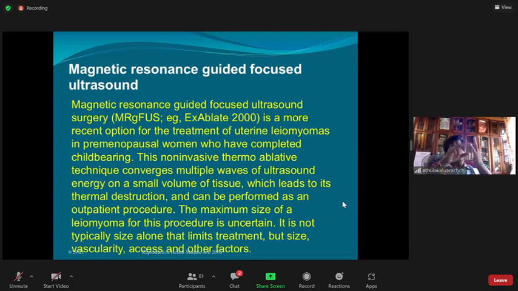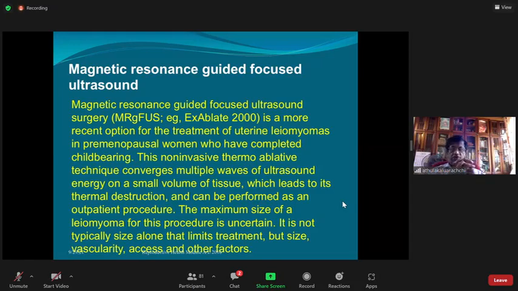Okay, so I said you can do nothing. You can use medical therapy, which is mainly to control symptoms. You can think of doing surgery. Surgery may be abdominal, laparoscopic, vaginal, or hysteroscopic. Then you can use different ablative techniques, embolization, interventional radiology.